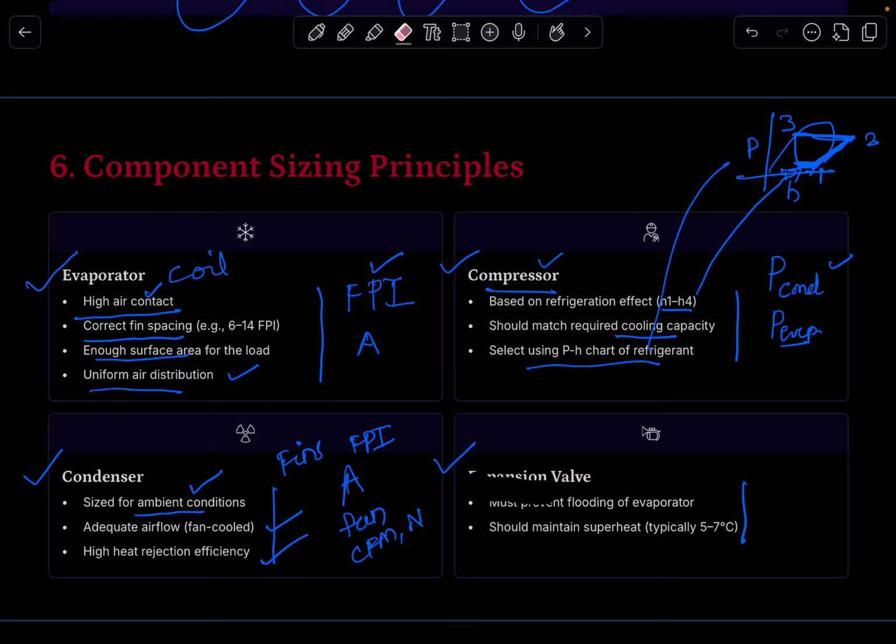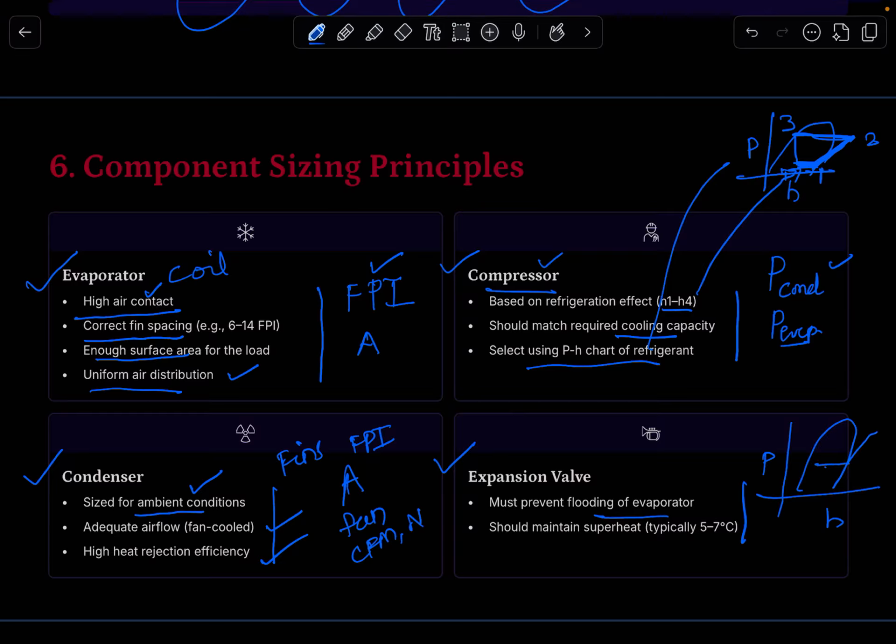And the expansion device has to be such that it should prevent the flooding of evaporator. Flooding of evaporator means there should not be excess of liquid refrigerant in the evaporator, and also there has to be a sufficient superheat. What we mean by that, this we are going to discuss again, but let me just hint at what we mean by superheat.